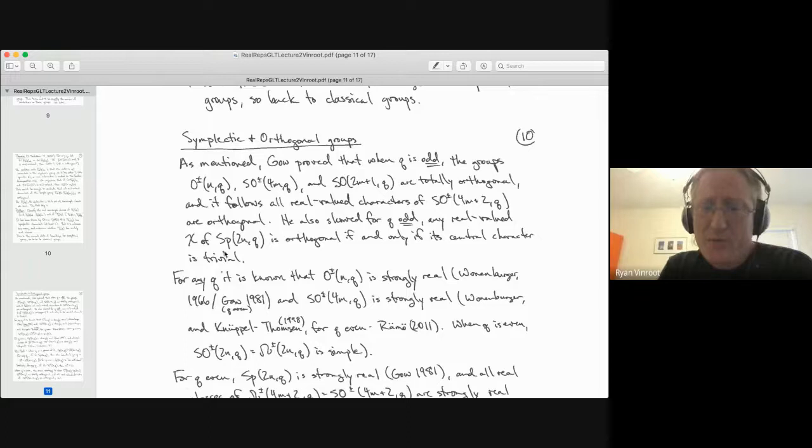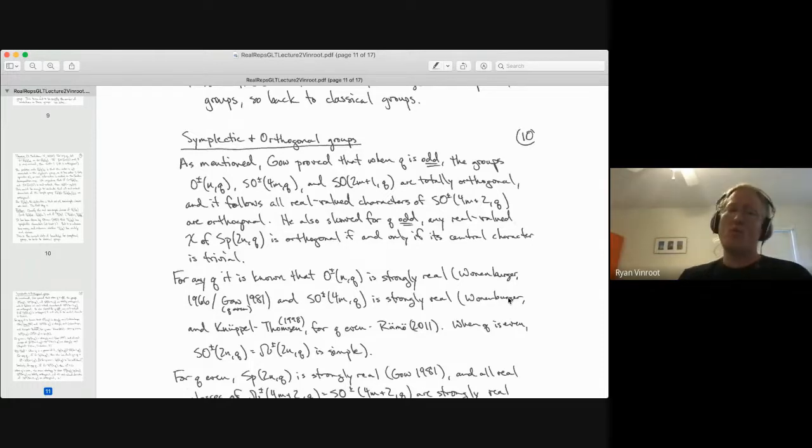But it is known that when Q is even or odd, the orthogonal group is strongly real. This was accomplished by Wonenberger in 1966 for Q odd, and Gao when Q is even. And the special orthogonal group for dimension 4m is strongly real.